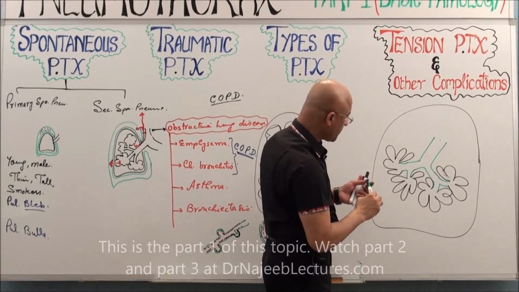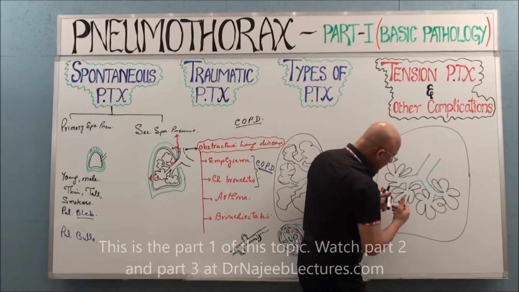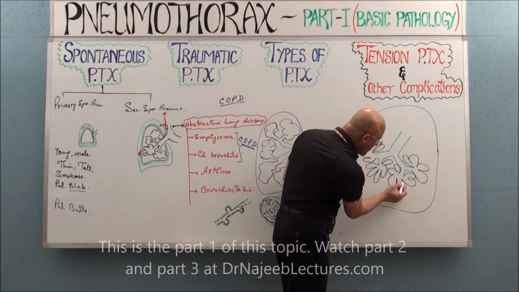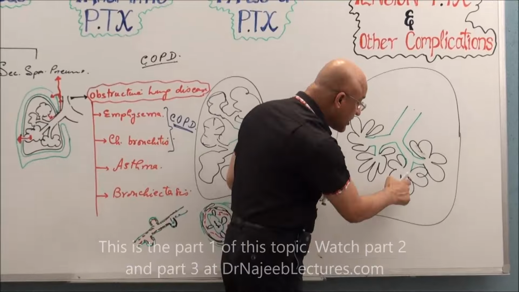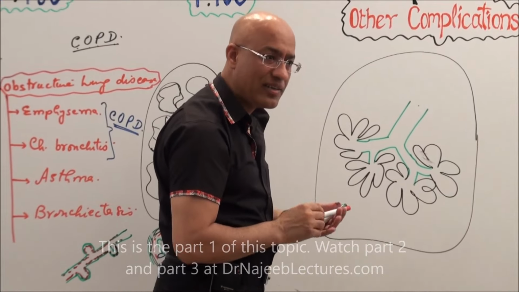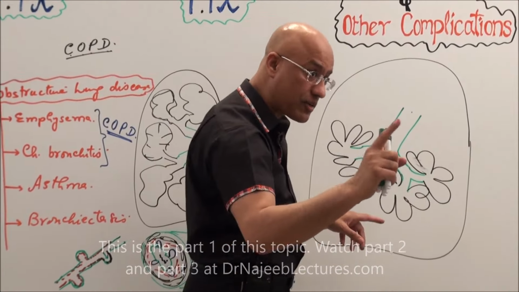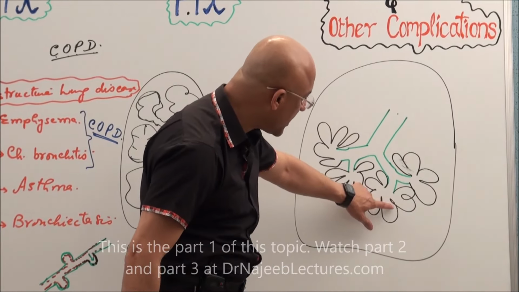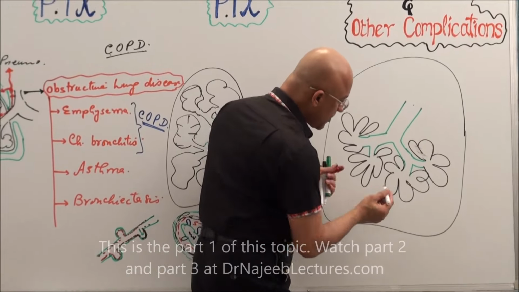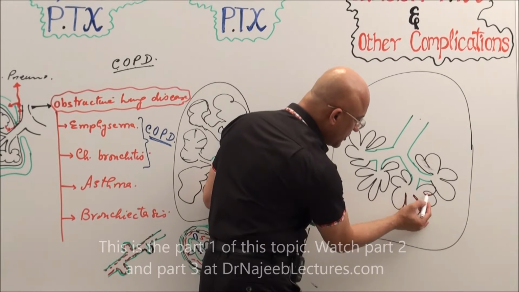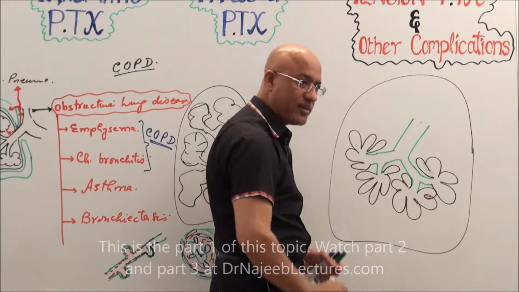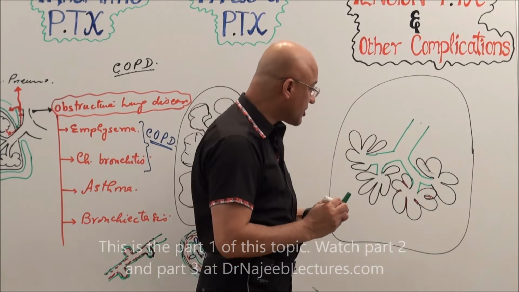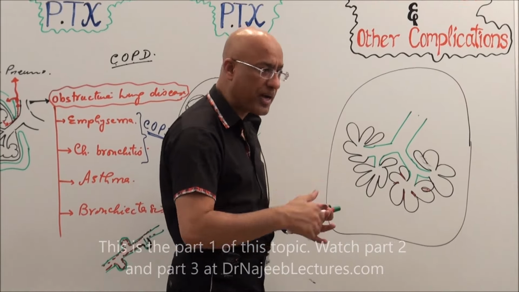Now you see, what is happening? Actually, in emphysema, these septa are destroyed, right? Due to inflammation. We'll have a full lecture on emphysema. For a while, you just trust me. What really happens in emphysema is that these septa are destroyed by different proteolytic enzymes and collagenases and elastases which are released by neutrophils and other mechanisms.